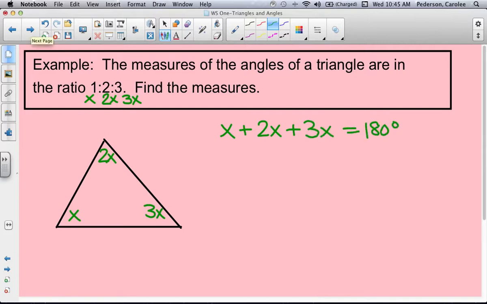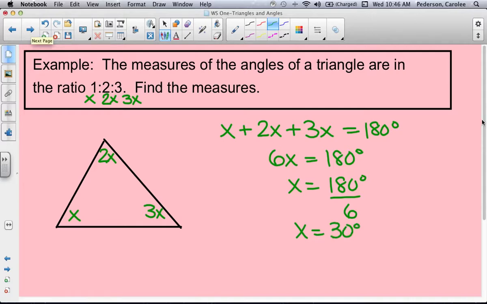Now we're going to solve for x. So we're going to combine like terms. X plus 2x plus 3x is 6x. Then we'll divide by 6. And we get x to be 30 degrees.